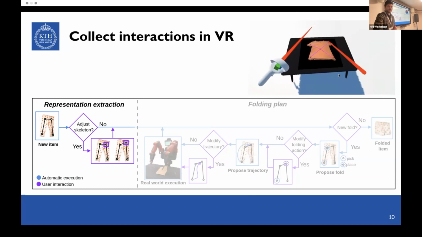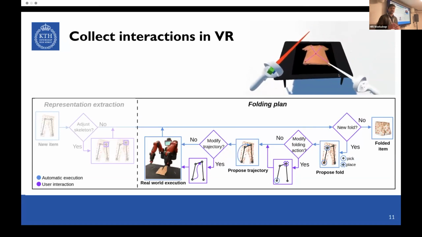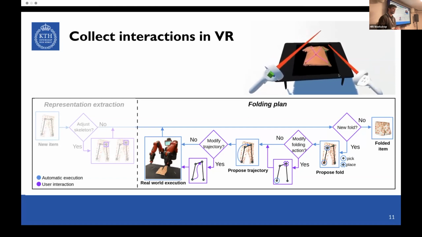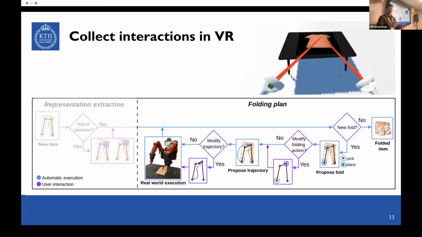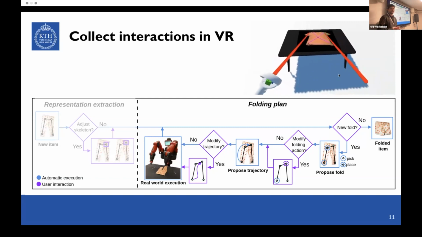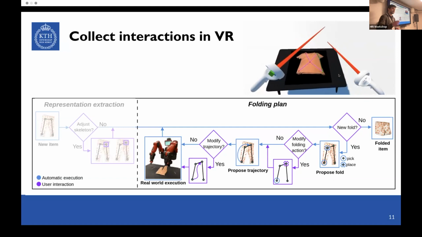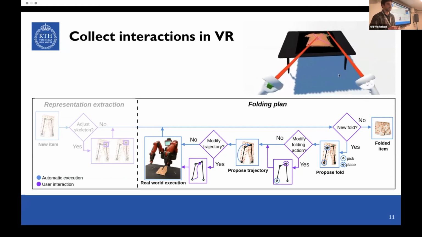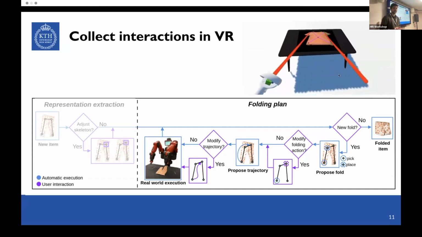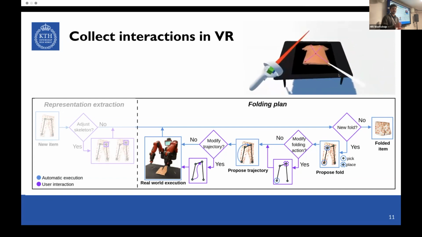And a second part, in which the robot can propose a type of folding action, for example saved from a previous interaction, and the user can modify both the pick and place nodes, as well as possibly the trajectory for the robot, because the outcome might be different according to how high the robot moves the deformable item.